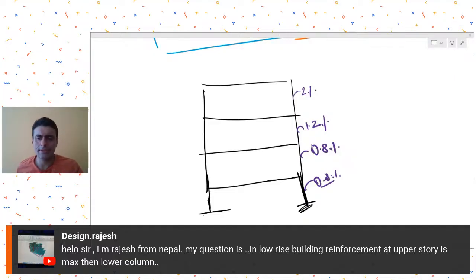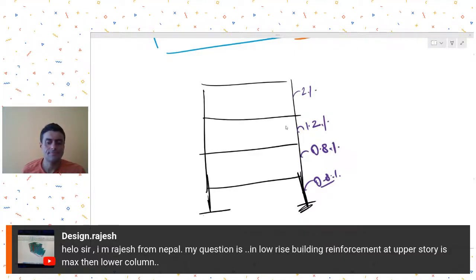Anyone in the live audience? Why do you get, especially in mid-rise or low-rise structures, why does your software, or even when you do calculations, why would you get higher reinforcement percentages in upper floors as compared to lower floors? Tell me.